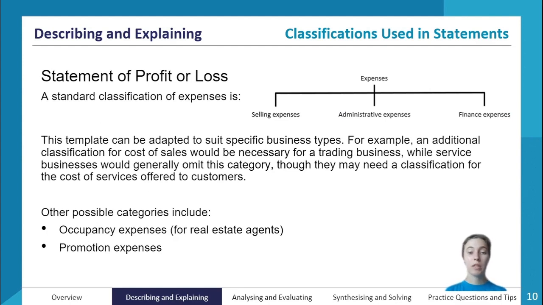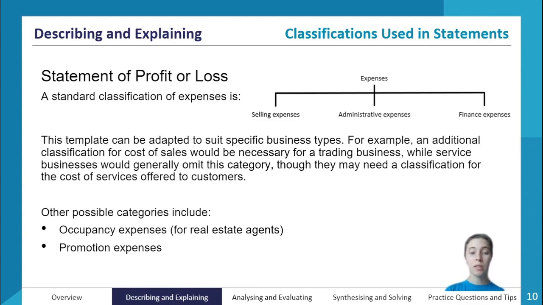In terms of expenses, a standard classification is here as well. You've got selling expenses, administrative, and finance. So again, this template can also be adapted to suit different businesses. So an additional classification for cost of sales would be necessary for a trading business because it would cost the business money to get the inventories in order to then sell them.